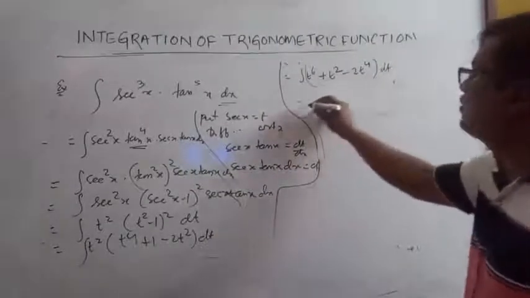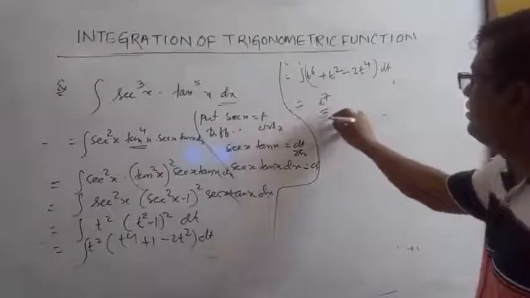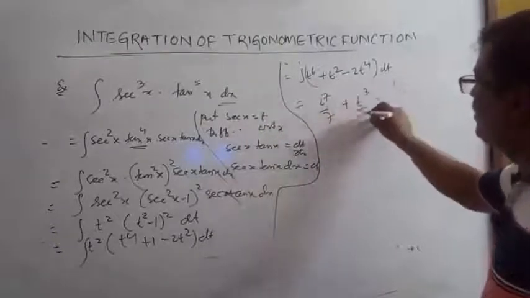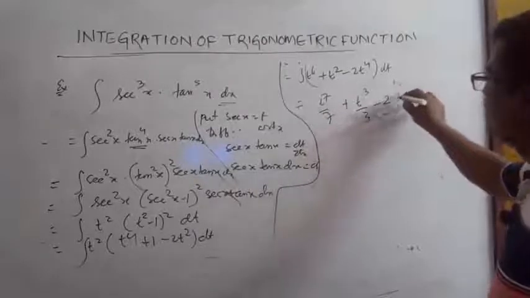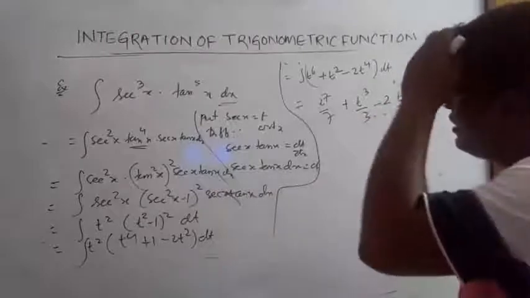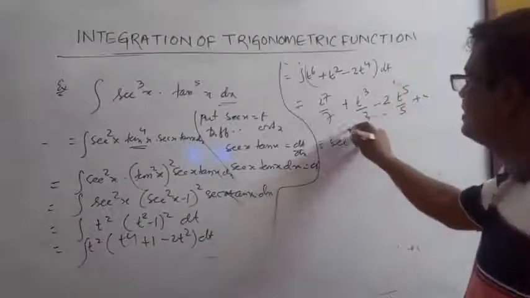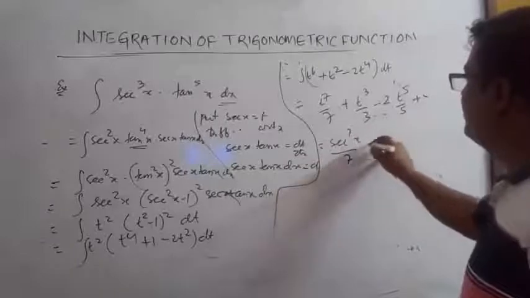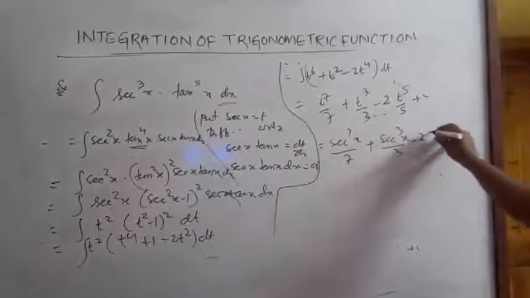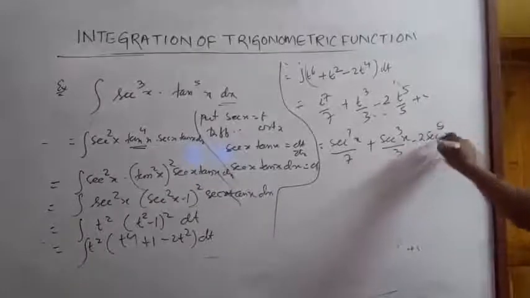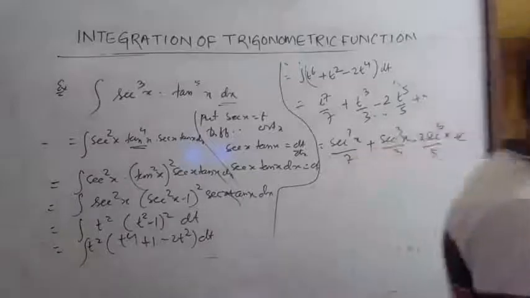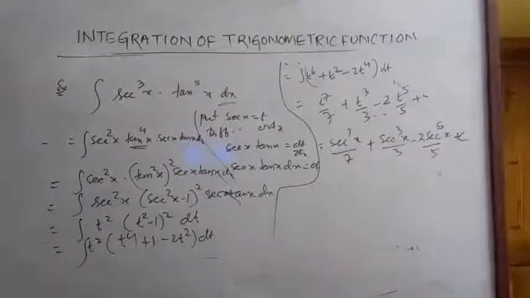So this is equal to t7 by 7 plus t cube by 3 minus 2 into t to the 5 by 5 plus c. What is t here? Sec x. So this is sec 7x by 7 plus sec cube x by 3 minus 2 sec 5th x by 5 plus c. This is the answer. Okay, this is the answer.